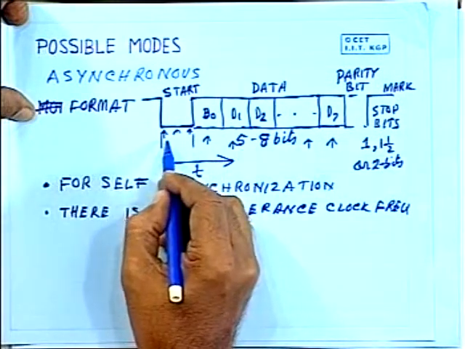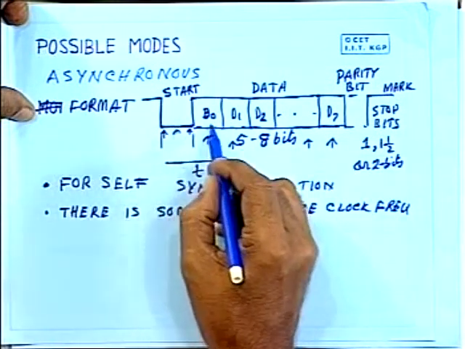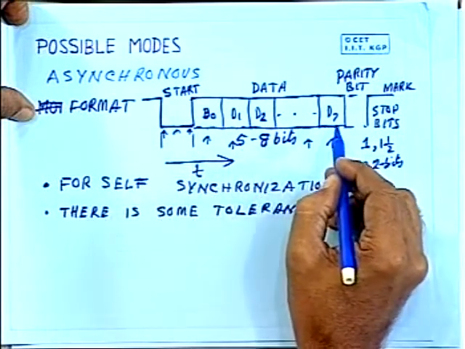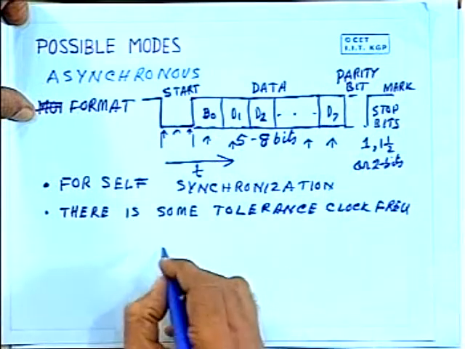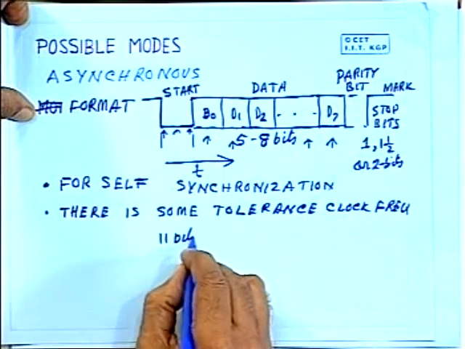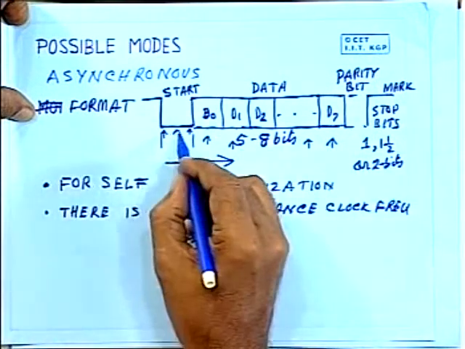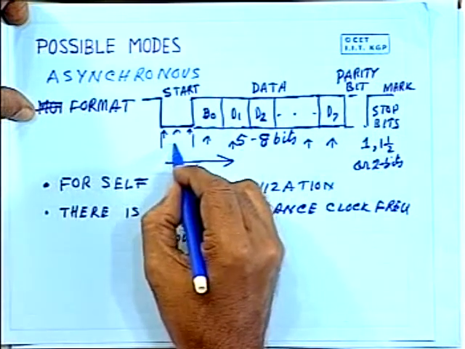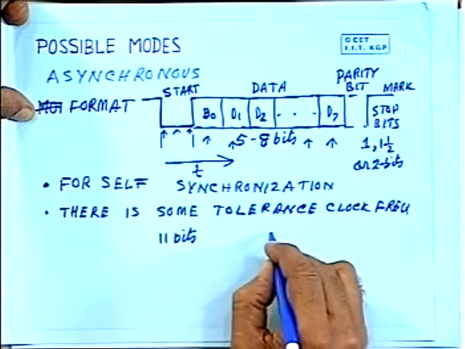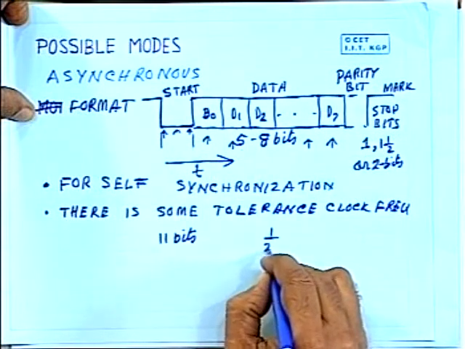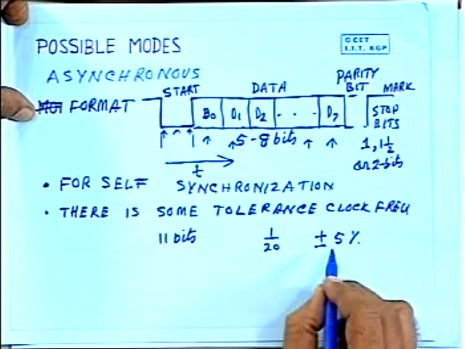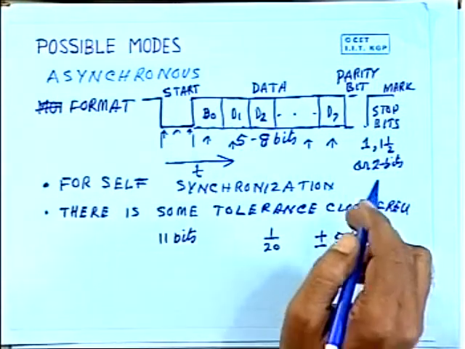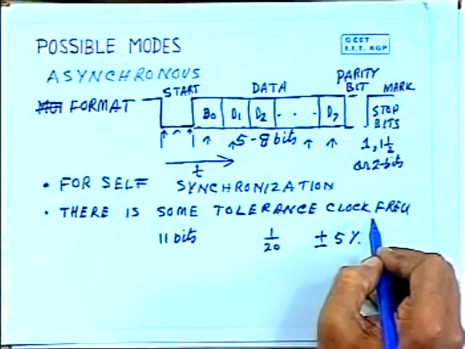So, this tolerance can be, suppose you are sending 1, 2, 3, 4, 5, 8 plus 1, 9, 10, and say 11 bits you are sending. In 11 bits, half bit tolerance is there, plus minus half bit. That means about 1 by 20, that means plus minus 5% difference in clock frequency can be there.